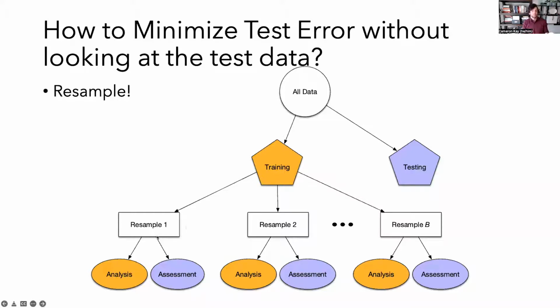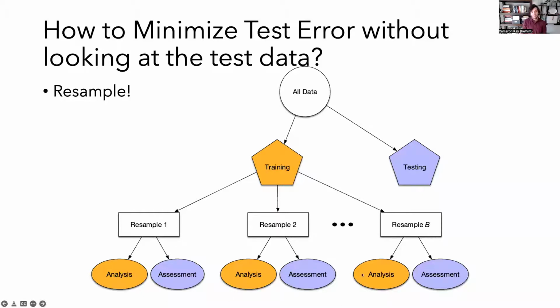So for resample one, some of this training data set is going to become the analysis data set, and some of it is going to become the assessment data set. And then for resample two, again, some of this data is going to become part of the analysis data set, and some of it is going to become part of the assessment data set, and so on and so forth throughout our different resamples.